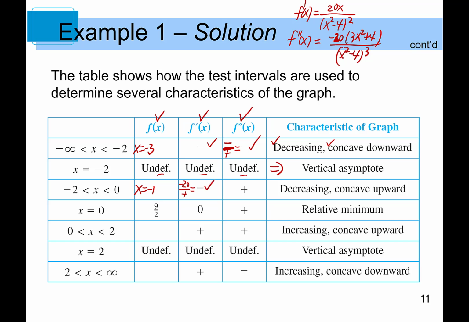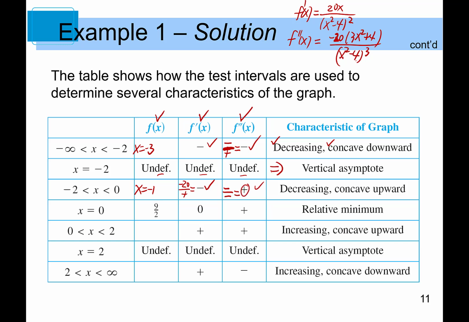For the second derivative, the numerator is negative, and the denominator is also negative, because -1 squared becomes 1. 1 minus 4 is -3. -3 cubed is -27. So two negatives turn into a positive.